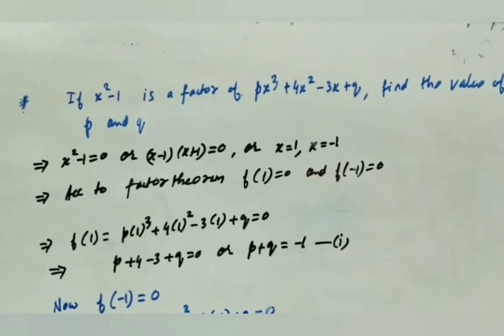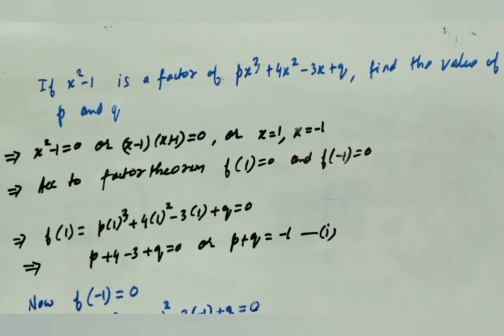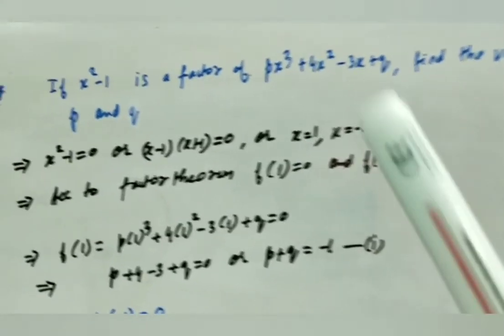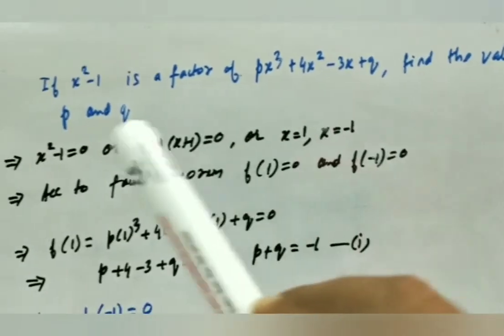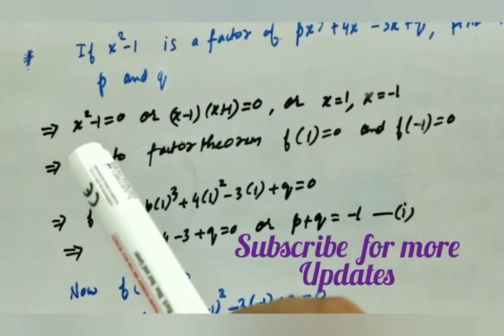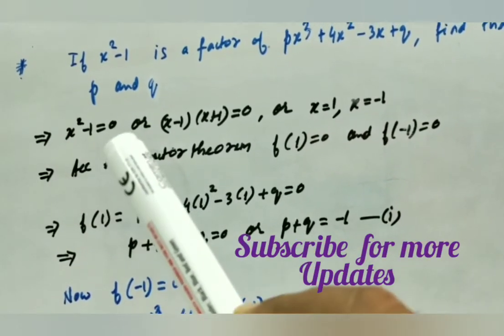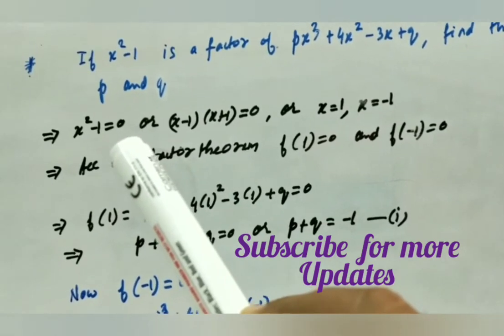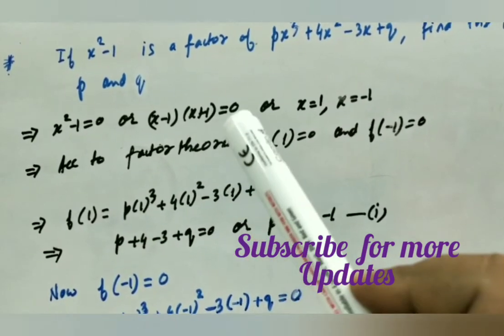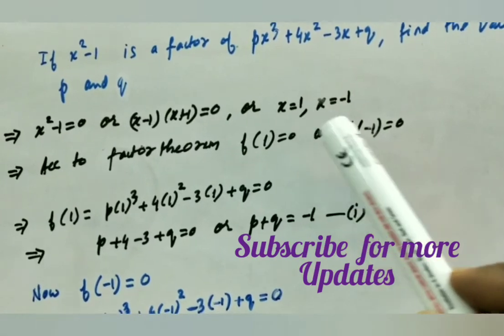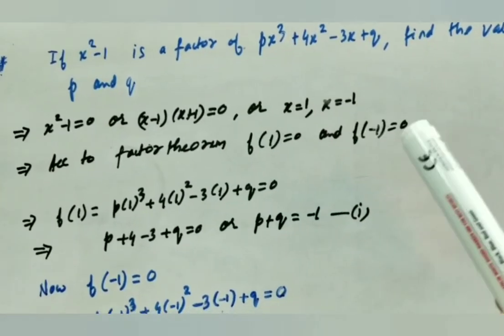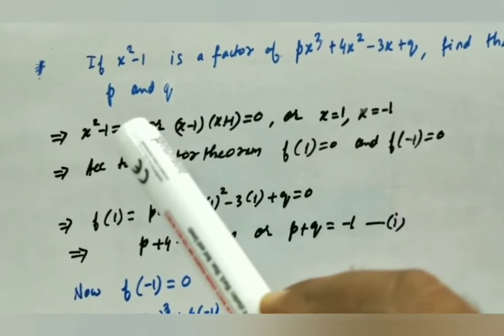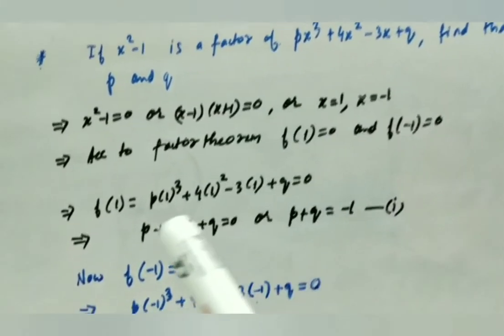Now this is not from the book, but a very important question. x square minus 1 is a factor of this. Find the values of p and q. So since x square minus 1 is equal to 0, or x minus 1 into x plus 1 is 0, x has two values, 1 and minus 1. That is, f(1) is also 0 and f(-1) is also 0. Because both are factors, x minus 1 also and x plus 1 also.